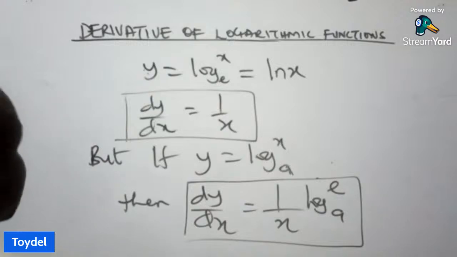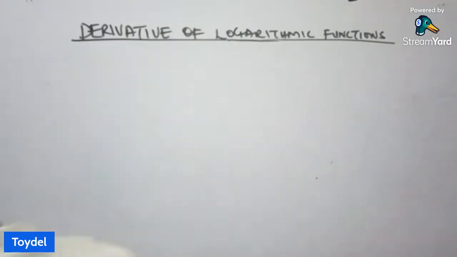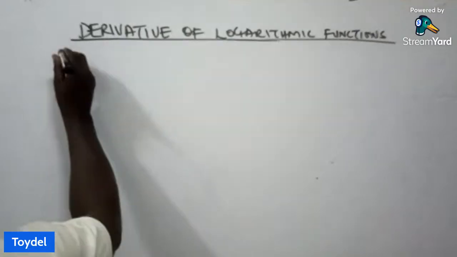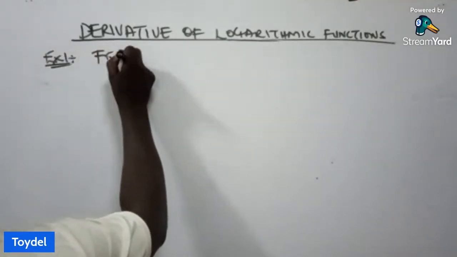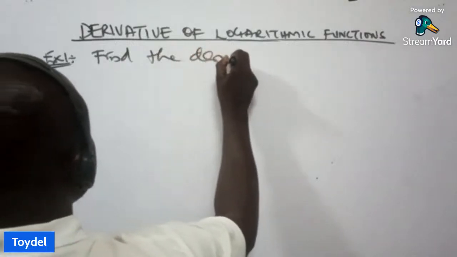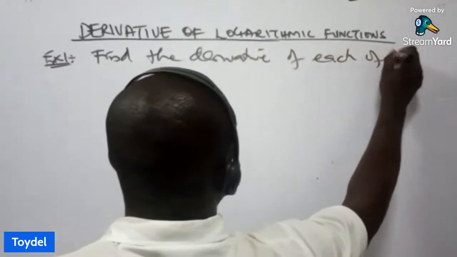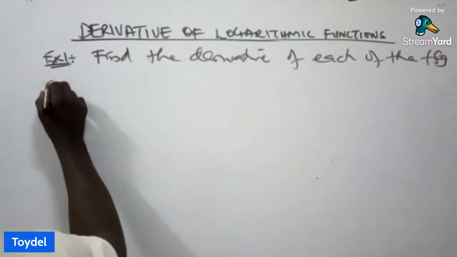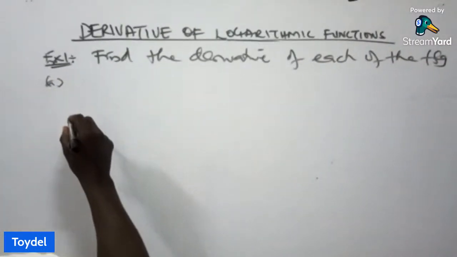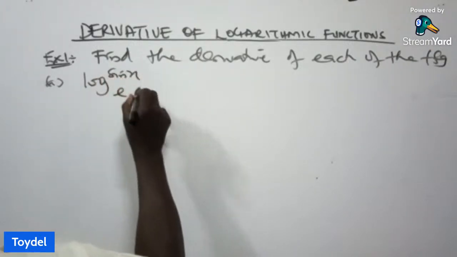So I would love to take an example just to buttress my point on this concept. Example 1. Find the derivative of each of the following. A, the first one, we have log of sin x base e.